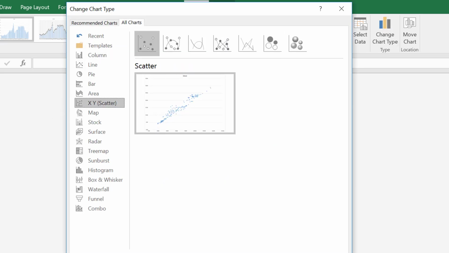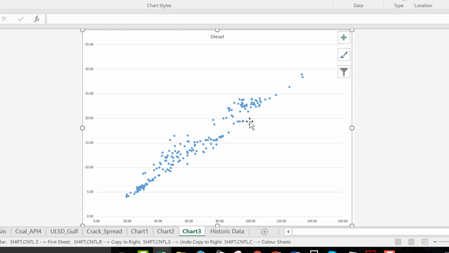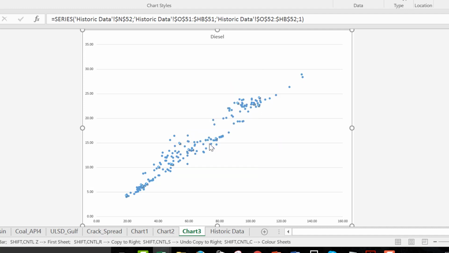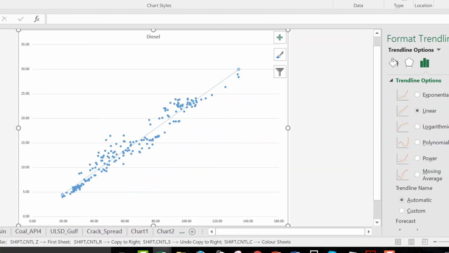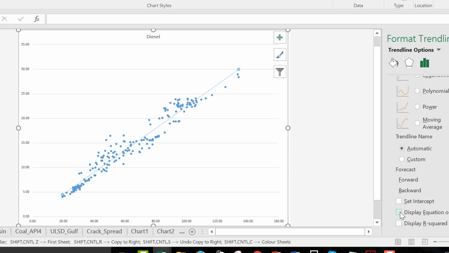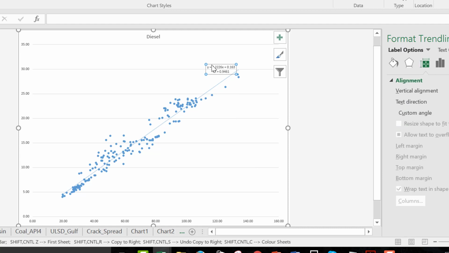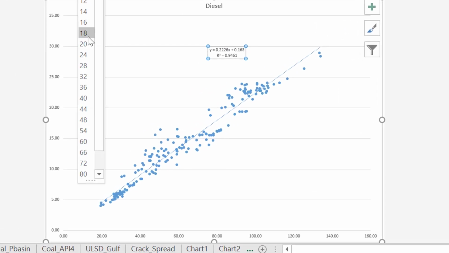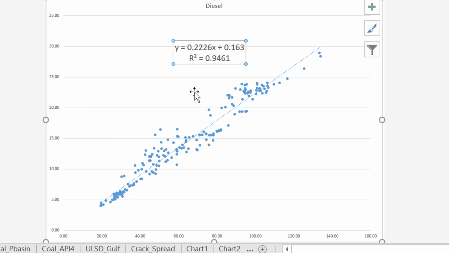And you just make a scatter plot, and you can see how closely the price of diesel is related to the price of oil, and then you go to a trend line, and you can just say, let's display the equation and r squared. Okay, that's nothing fancy. The big trick is to not have the x-axis label.